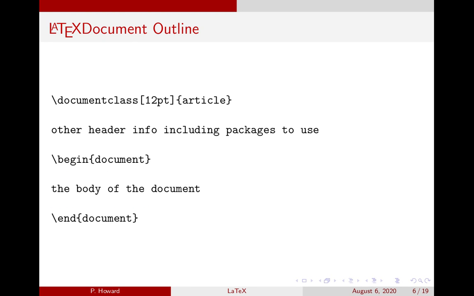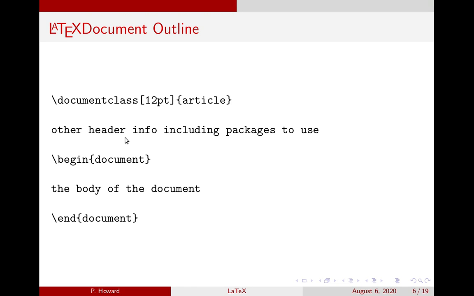So here is the basic form of a LaTeX source file. The first line must give you the document class. As I said, article is a frequently used document class, and you can specify the type size. Between the document class and the begin document control sequence, there might be other header information.